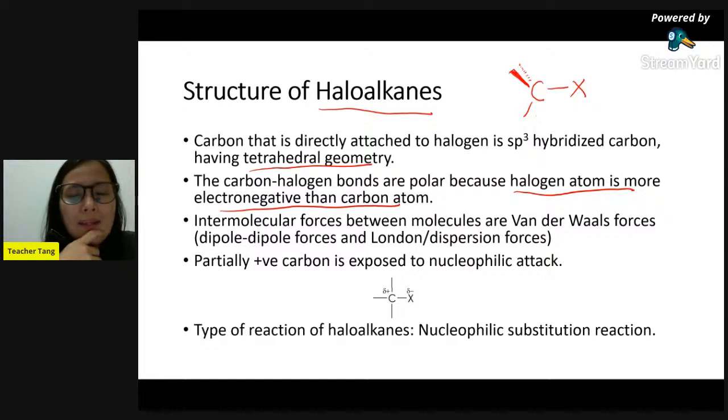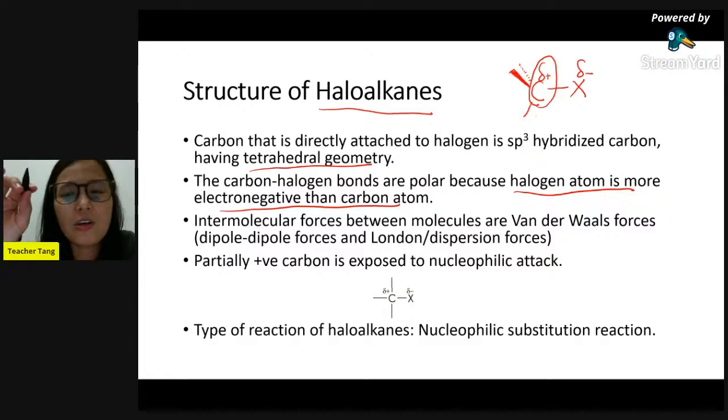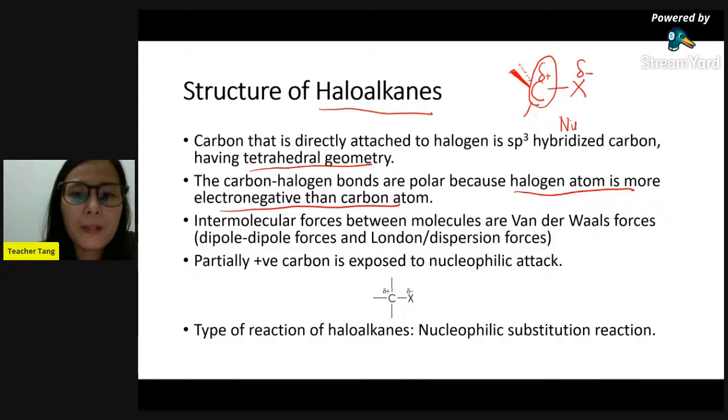Since this bond is polar and the halogen is more electronegative, the halogen will be partially negatively charged, and the carbon of the haloalkane bonded to the halogen is partially positively charged. Because this carbon is partially positive, it is poor in electrons and susceptible, meaning it tends to be attacked by the nucleophile.